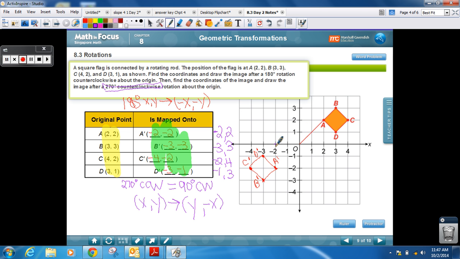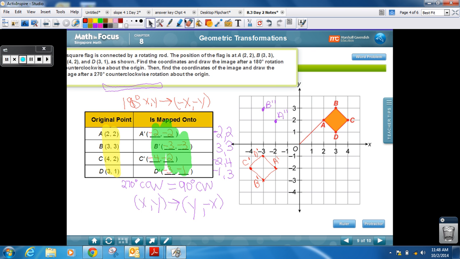So if I draw that negative 2, 2, and don't forget this is now A double prime, negative 3, 3 would be B double prime, negative 2, 4, which I'm going to have to move this out of your way, I apologize for that, negative 2, 4 would be C double prime, and D double prime is negative 1, 3.